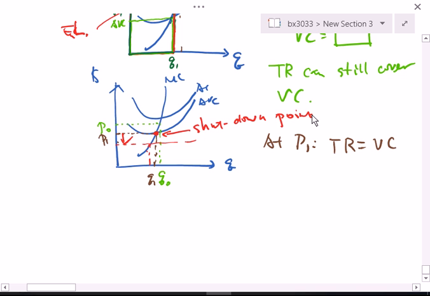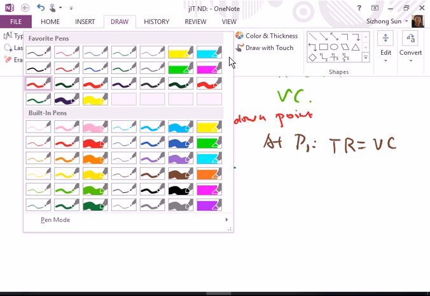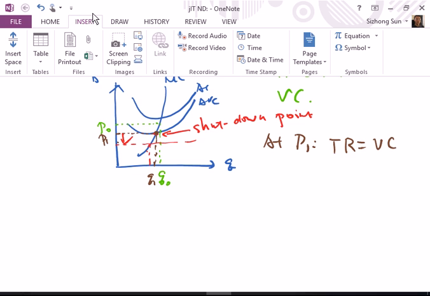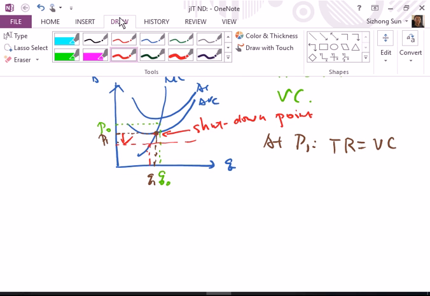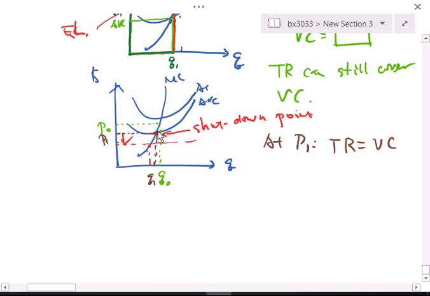Okay, so now you should see that the firm's supply curve in the short run is this marginal cost curve above the shutdown point.